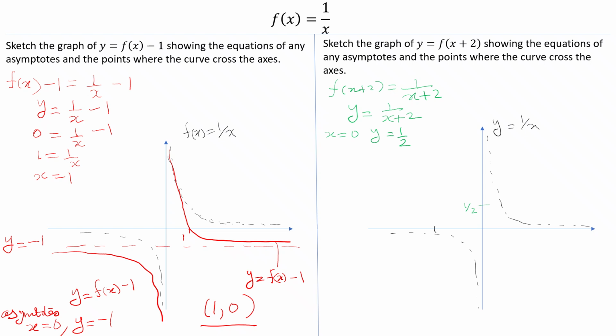This is negative 2. So this is x equal to negative 2. So the graph cuts the y-axis at half. So the asymptote is at negative 2. So the graph comes this way.